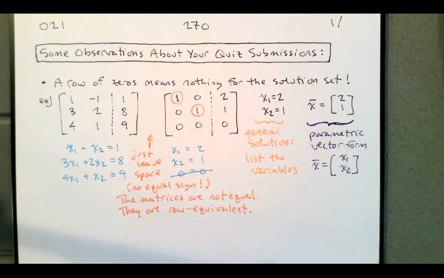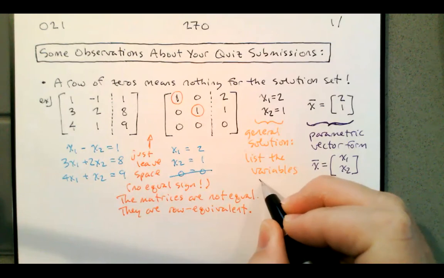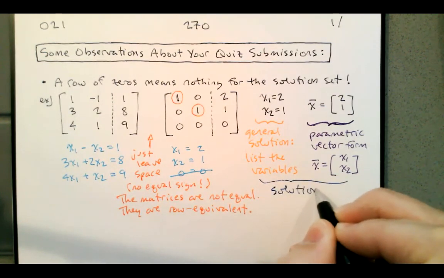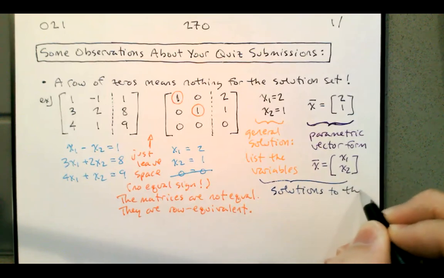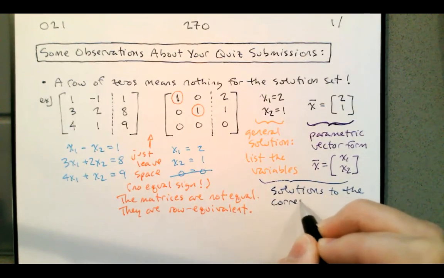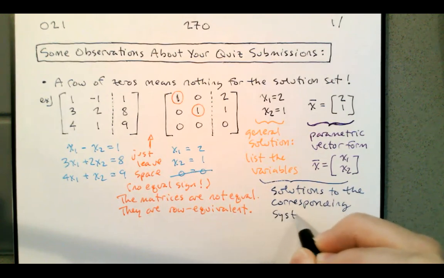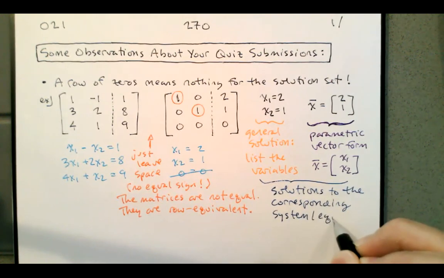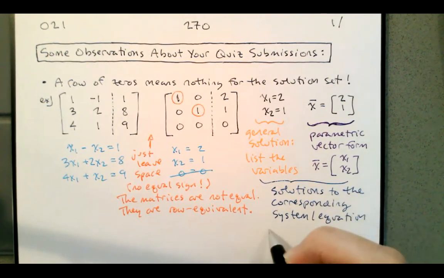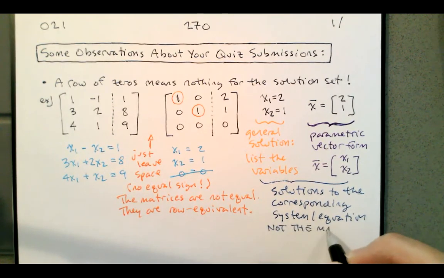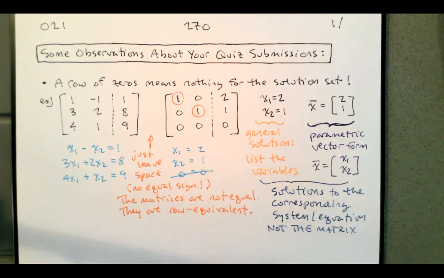An equation has a solution. So these are solutions to the corresponding linear system. So it's not solutions to the matrix. That doesn't make any sense at all.